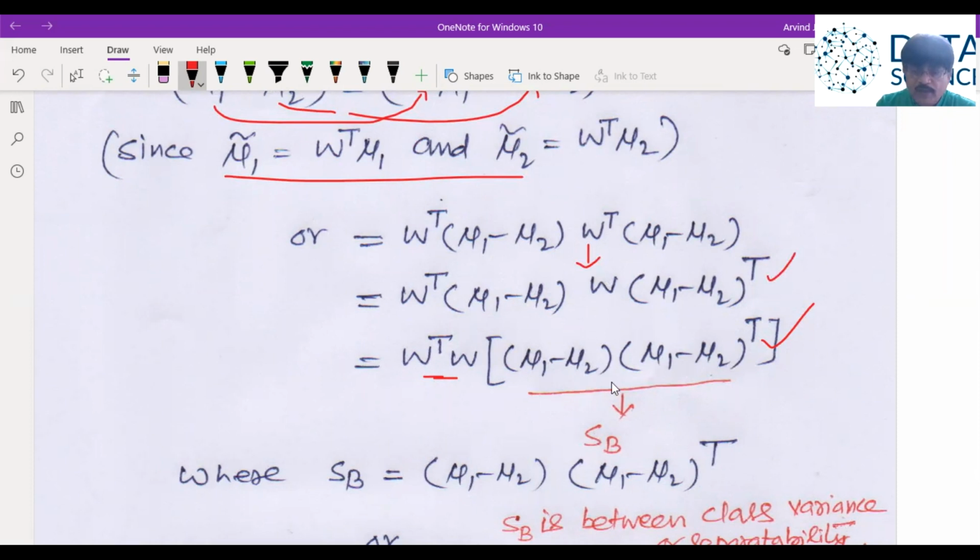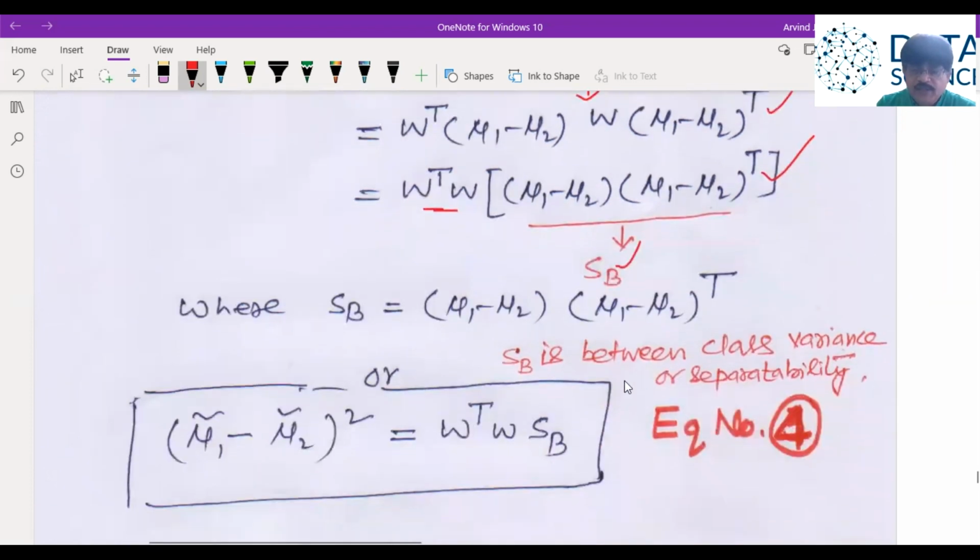So this (mu1 minus mu2)(mu1 minus mu2) transpose, you will call it SB. SB is the scatter between class variance, or say SB is the between class variance. So SB is (mu1 minus mu2)(mu1 minus mu2) transpose, right?